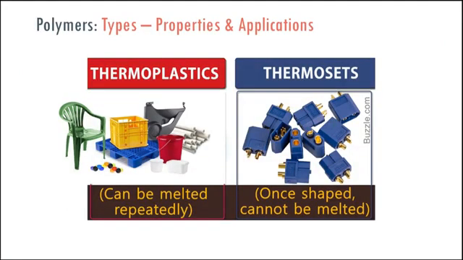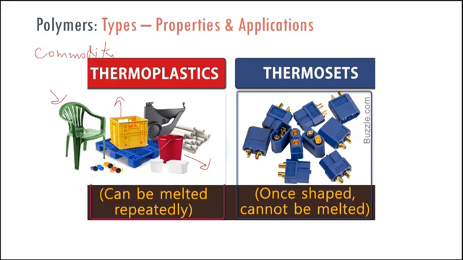According to the behavior between the thermoplastics and the thermoset, the applications of the thermoplastic and the thermoset will be different. For example, the thermoplastic can be melted and change shape repeatedly, so it will be used for commodity plastic. For example, the plastic in your daily life: chair, container, basket.